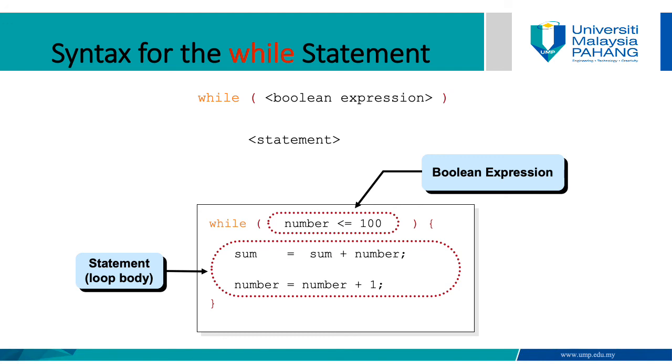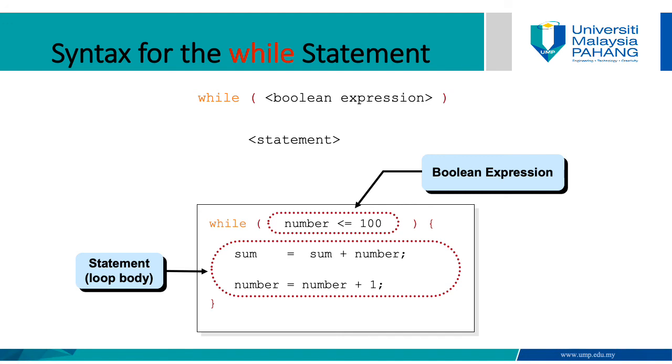As long as the number is less than or equal to 100, it will keep on repeating the statement non-stop until the number is equal to 101. Then it will stop calculating.